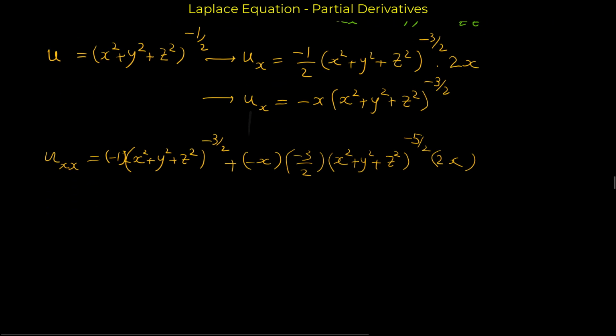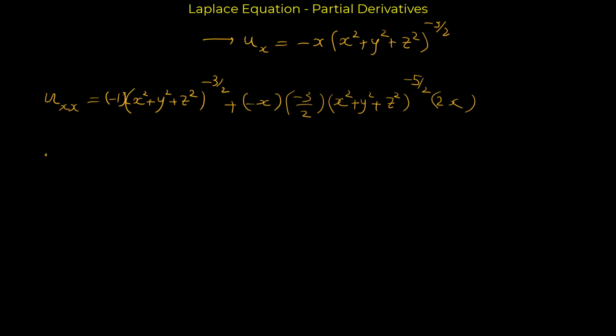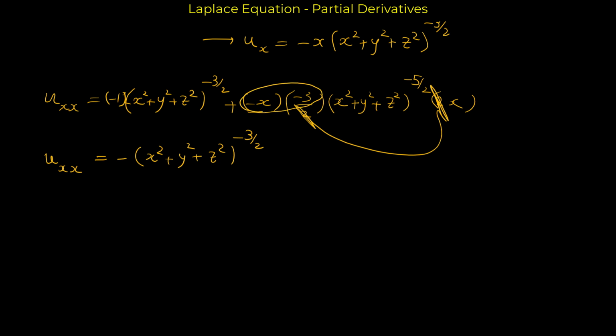So from this, we have uxx equals negative (x² + y² + z²) to the power of negative 3/2. These two with these two cancel. Negative 3 times negative x would be positive 3x.